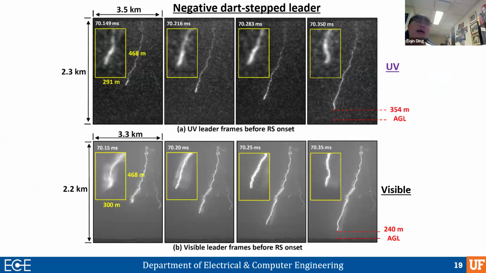We think it is because the streamer formation for positive and negative leaders is different, because you require a much lower electric field for a positive leader to develop as compared to negative.